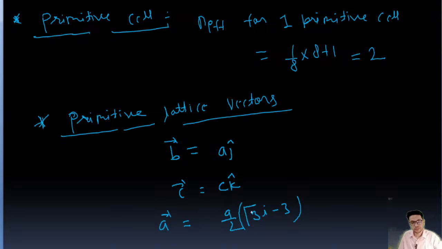Okay, this is A equal to B equal to A j cap and C equal to C k cap, and A is A by 2 root 3 i minus 3. These are the primitive lattice vectors for primitive cell.